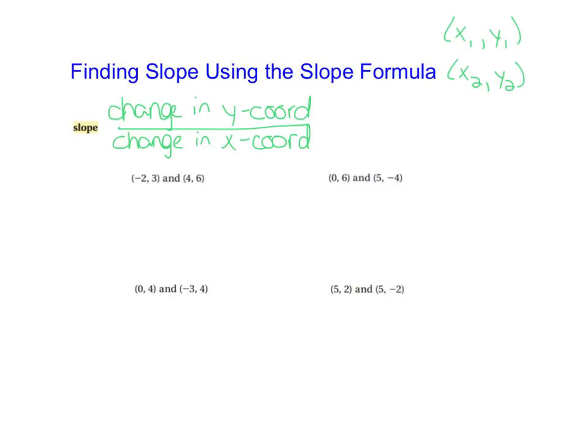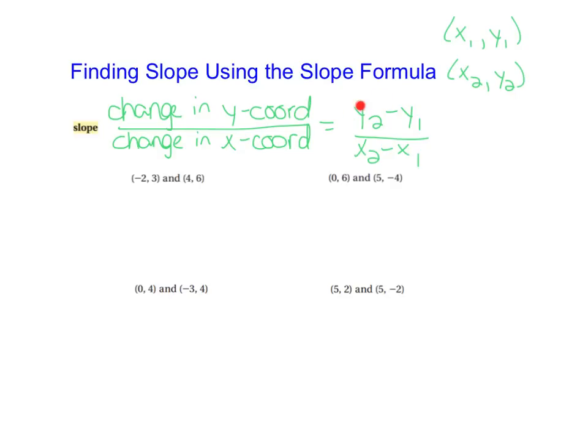So we're really subtracting the x-coordinates and subtracting the y-coordinates. So the slope formula is this. Y sub 2 minus y sub 1, that's the change in the y-coordinates, over x sub 2 minus x sub 1, that's the change in the x-coordinates. Change is subtraction. Subtraction is change.